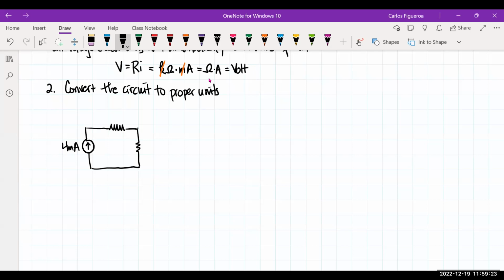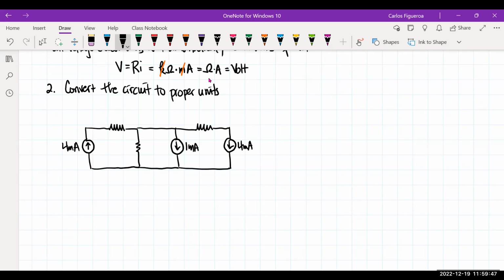And I'm just going to keep drawing these in. I know that this is a 1 milliamp. Then I have one resistor here, and then another current source right here, a 4 milliamp.